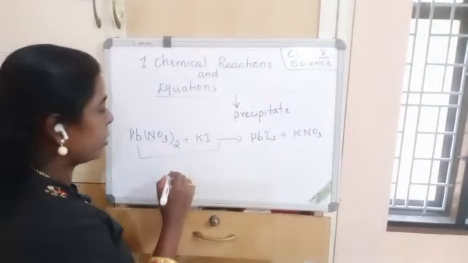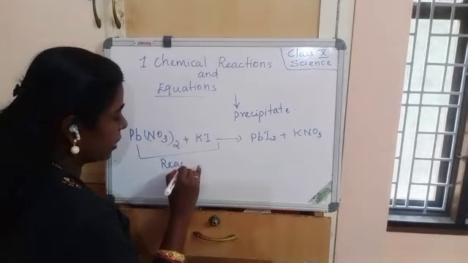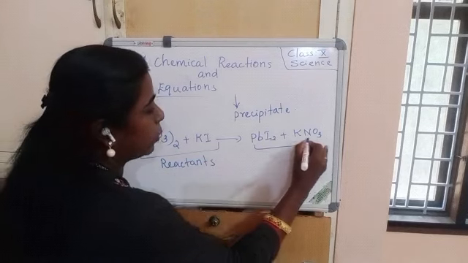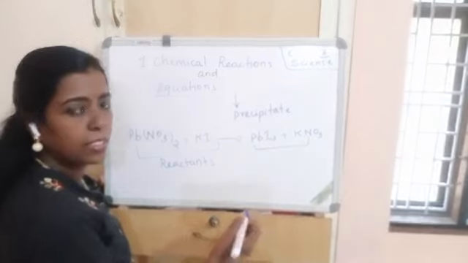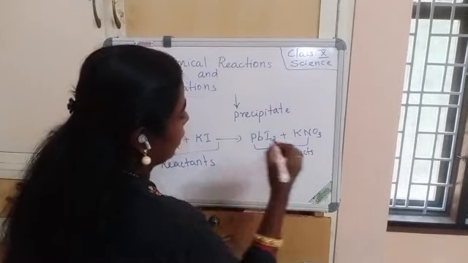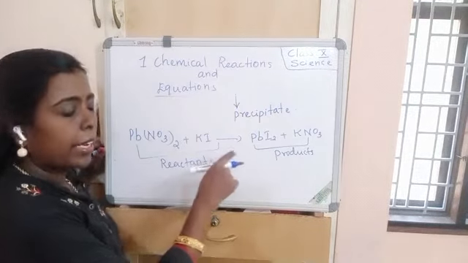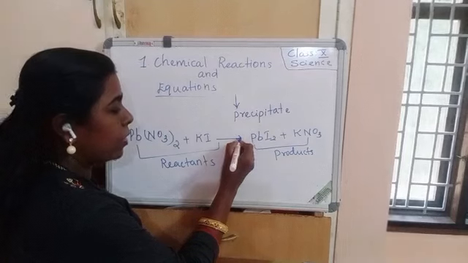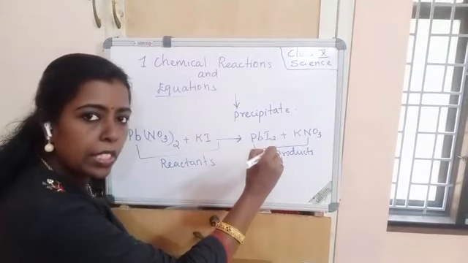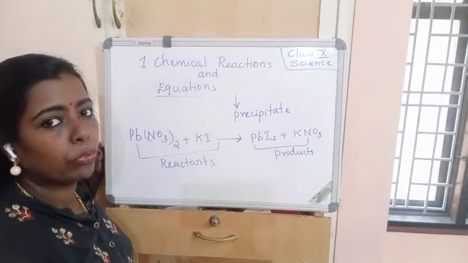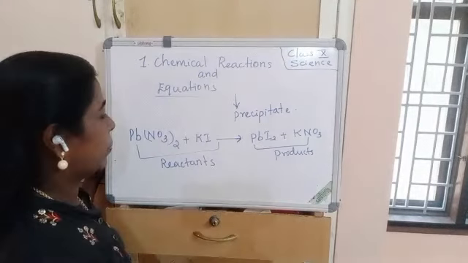Lead nitrate and potassium iodide are reactants, and lead iodide and potassium nitrate are products. In between, an arrow is placed. The arrowhead always points towards the products. This arrowhead indicates the direction of our reaction.